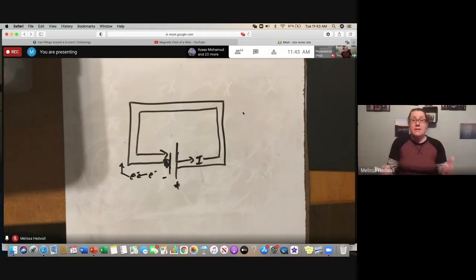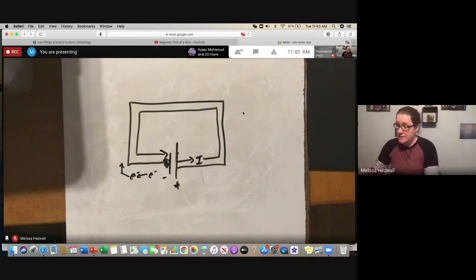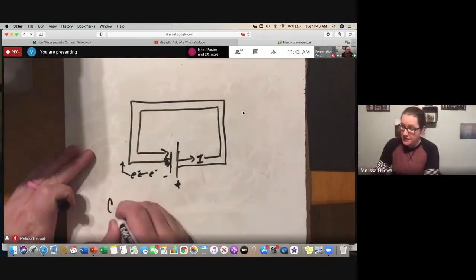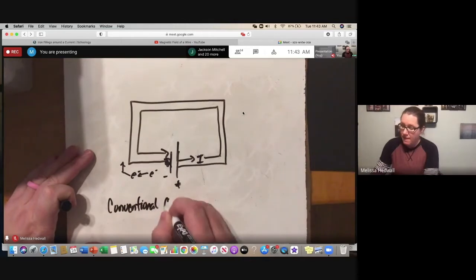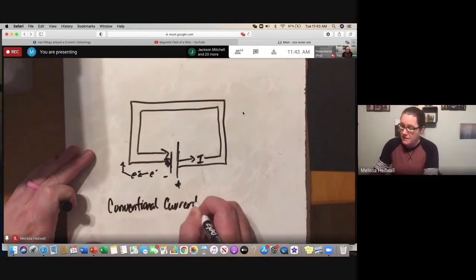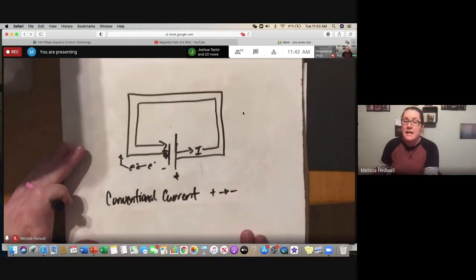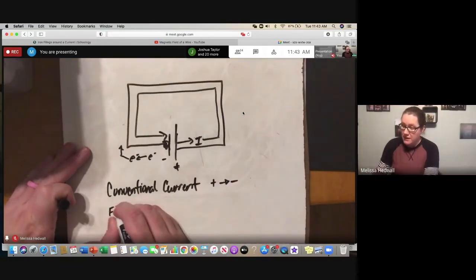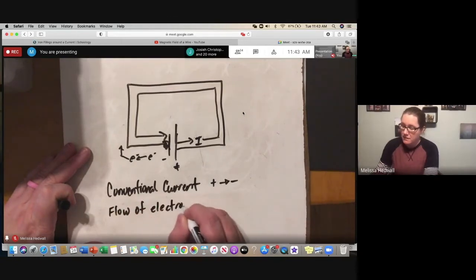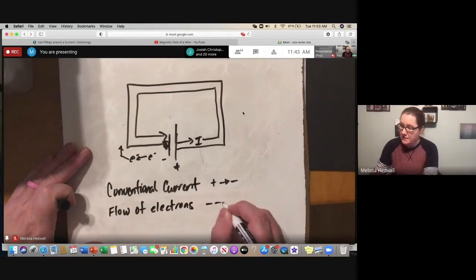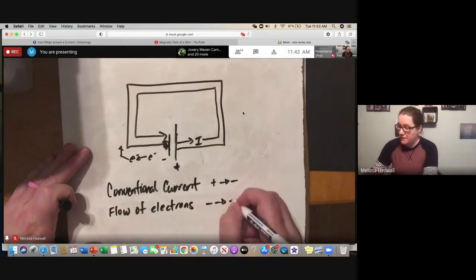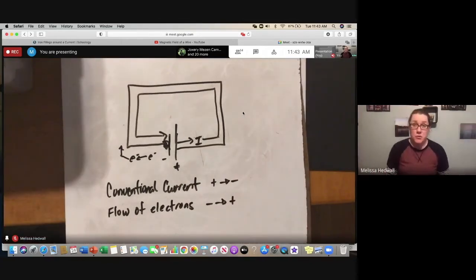But here we are. The scientific community still says that conventional current goes from positive to negative, even though the flow of electrons goes from negative to positive. I know that's goofy, and it's something we just have to stick into our minds.